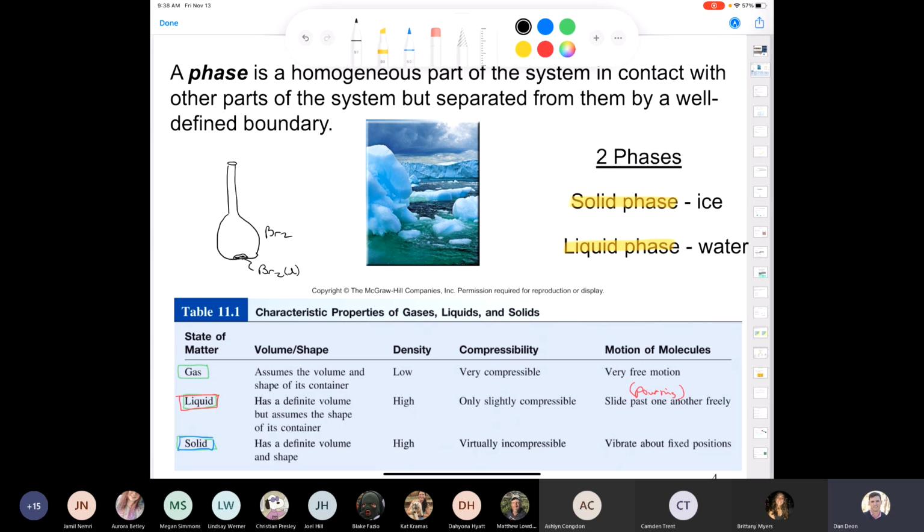But the rest of the vessel was filled up with this reddish color, and that was bromine in the gaseous phase. So there's a well-defined boundary, isn't there? We could see the puddle of bromine at the bottom, and then we could see the gas being separate from that. So, well-defined phases.